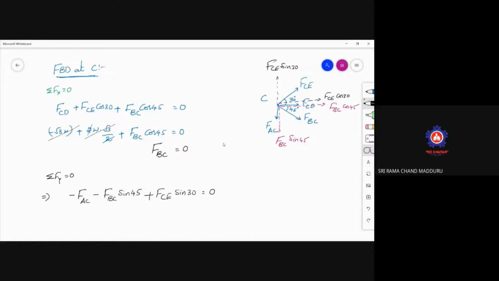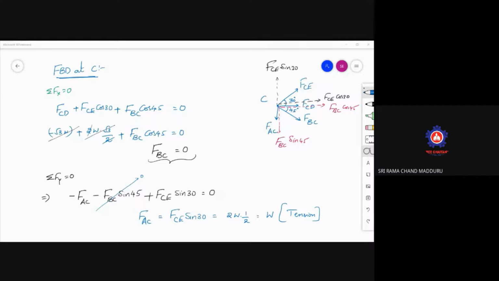Now here FBC sine 45, this term is 0, as FBC is 0. So we require the value of FAC. FAC is nothing but FCE sine 30. What is the value of FCE? 2W. So 2W into sine 30, which is 1 by 2, that is W.